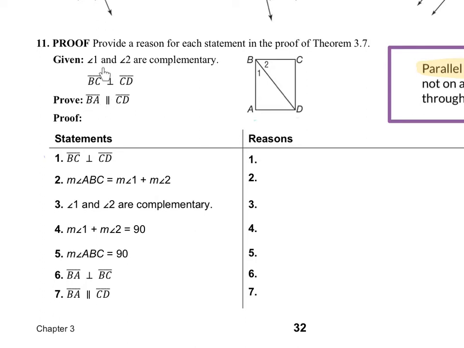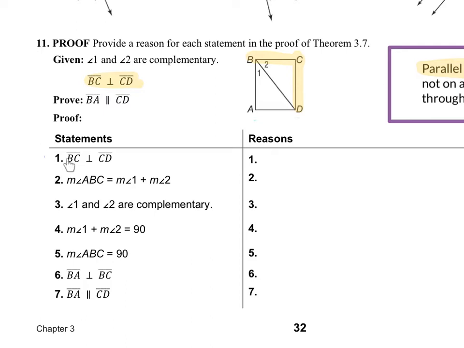We're given that angles 1 and 2 are complementary. That's important. Additionally, we're told BC is perpendicular to CD. I'm going to highlight that one because it's going to be important to this proof. Now we're going to try to prove what's going on.